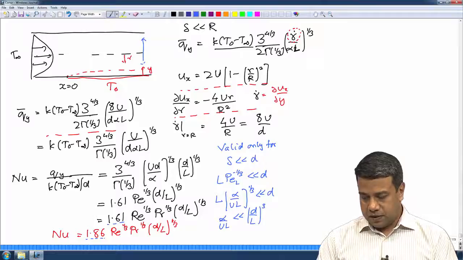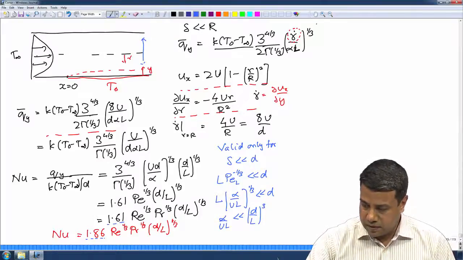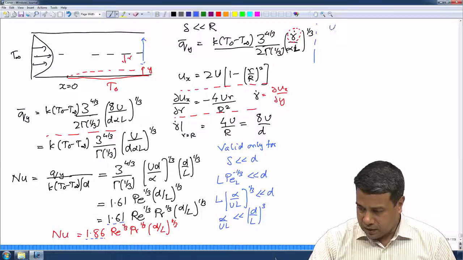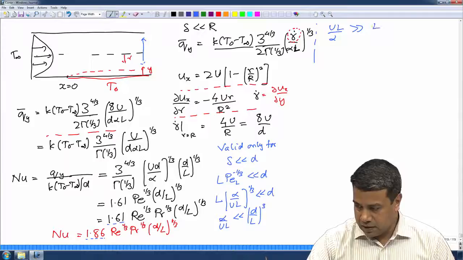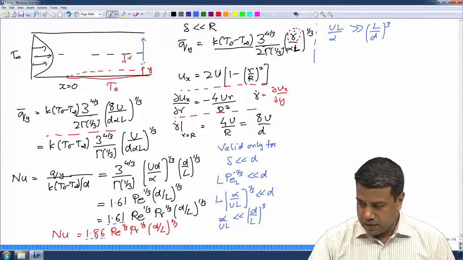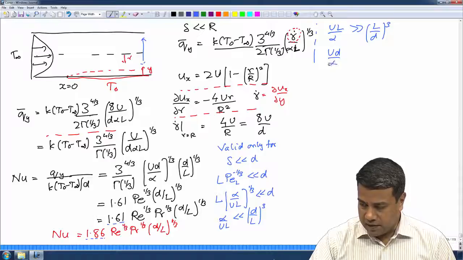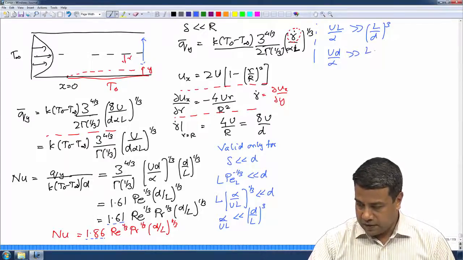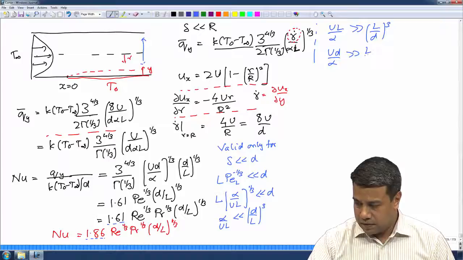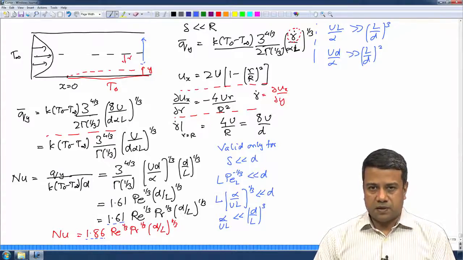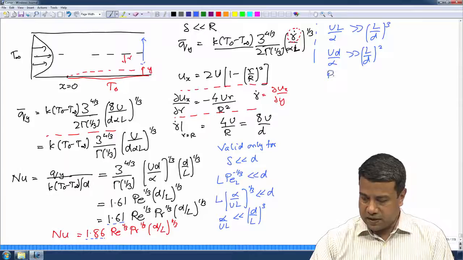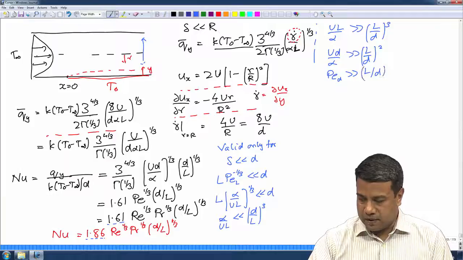And this would translate into uL by alpha is much greater than L by d the whole cubed, or ud by alpha is much greater than L by d the whole square. I multiply both sides by d by L. Therefore, the requirement for this analysis to be true is that the Peclet number based upon the pipe diameter has to be much larger than L by d square.